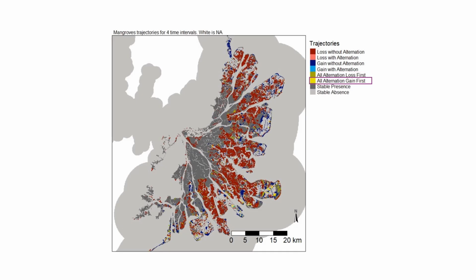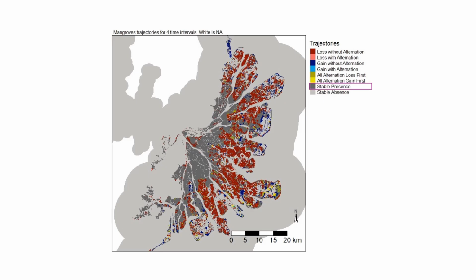The 6th trajectory is all alternation gain first, denoted by the yellow colored pixels on the slide. Pixels in this category start and end with having the category being studied absent from the pixels, but at some time point that's being observed during the time extent, those pixels have the presence of the category being studied.